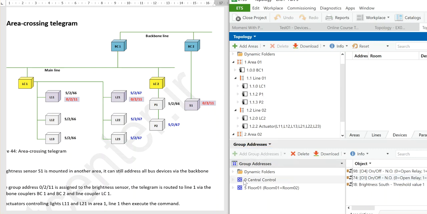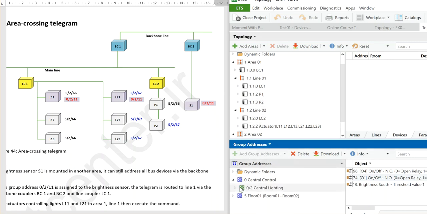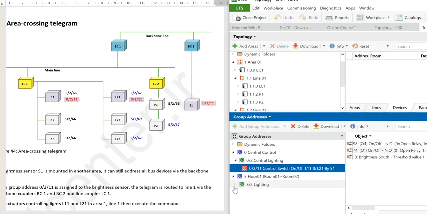And what's happening in group addresses? You can see in group addresses we have group address 0/0/11 as a central function because it switches on and off the two lights from outside, and in floor number 1 we have 5/66 to control the lights and 5/67 to control the light for another room.